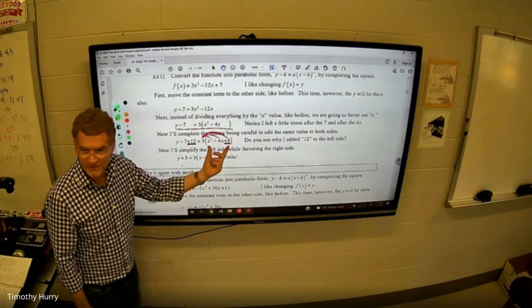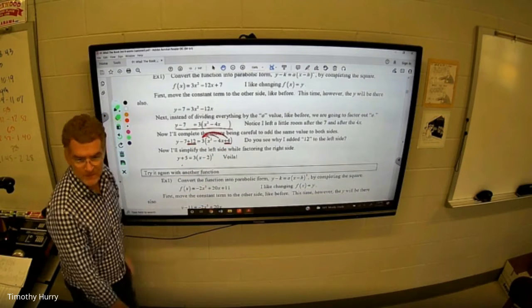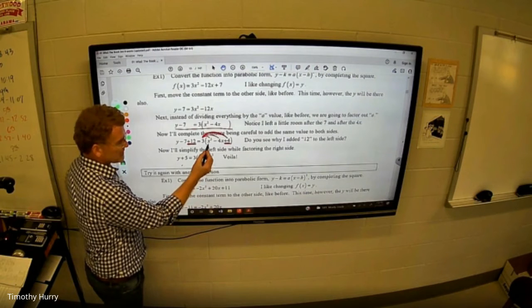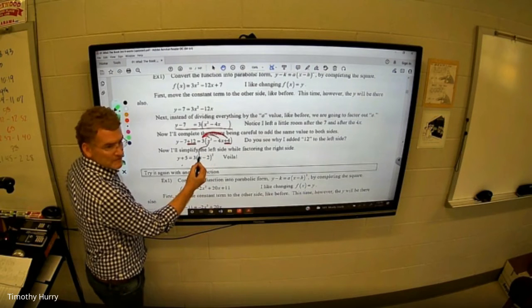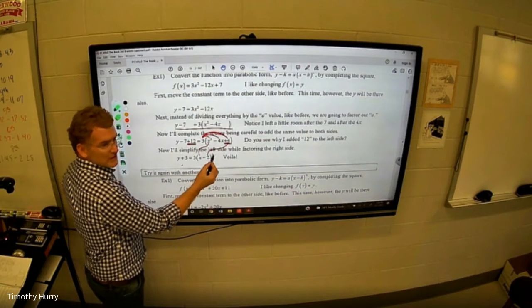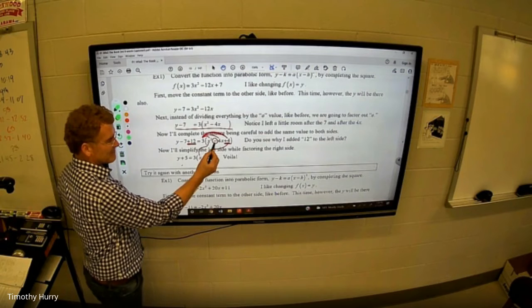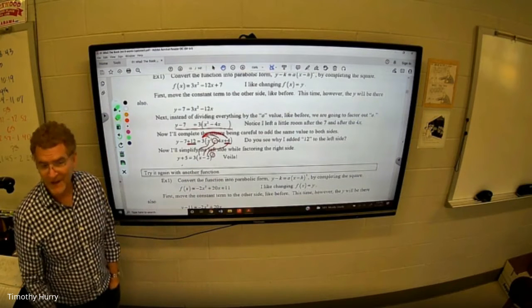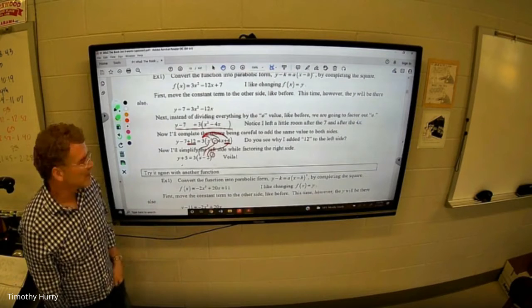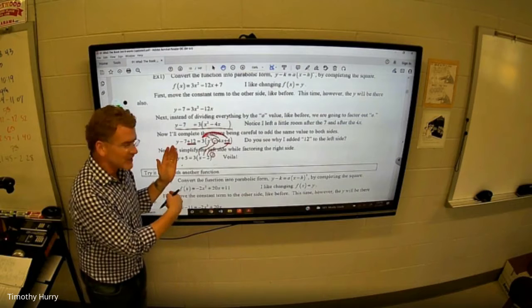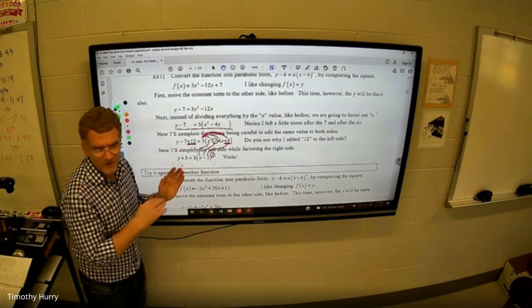Remember the trick to factoring perfect square trinomials? Square root the x squared, square root the 4, take the sign of the middle, and don't forget the square. And unlike normal completing the square, where normally there'd be a 0 with that y, and I'd have to divide by 3, square root both sides, and move it over, I'm done.